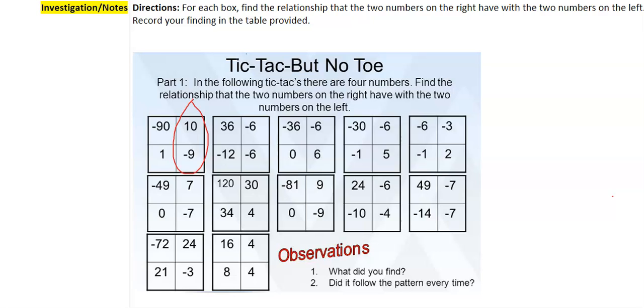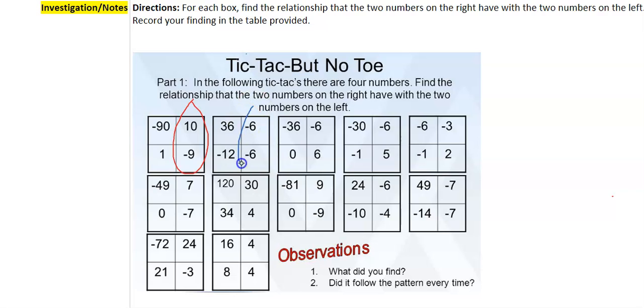On the left, we have the number -90 and the number 1. Well, I know that 10 minus 9 is equal to 1, so that's something that could be a pattern. And to get -90, I could multiply 10 and 9. So let's see if this works for all of my boxes here.